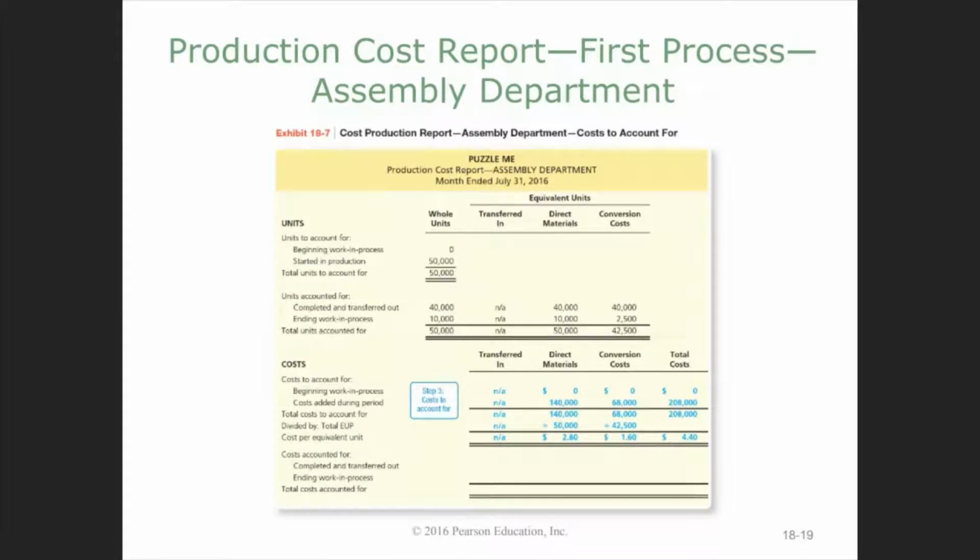And so they're plugging some numbers in here for us, and they're saying that our costs that were added during the period for direct materials was 140,000. So can you see my mouse? Can you see the arrow that I have for my mouse? No. Okay. Let's see.